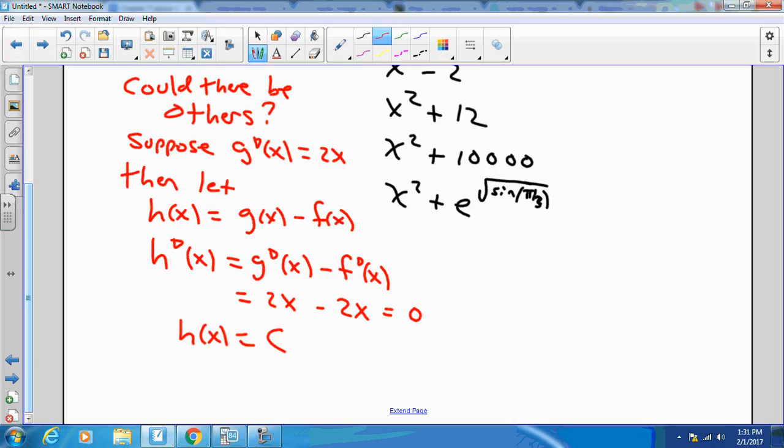But because h prime is 0 for all x's, therefore h of x is a constant. And that means that g of x and f of x differ by a constant as well. In other words, any function whose derivative is 2x must be equal to f of x equals x squared plus a constant. There are no other such functions.